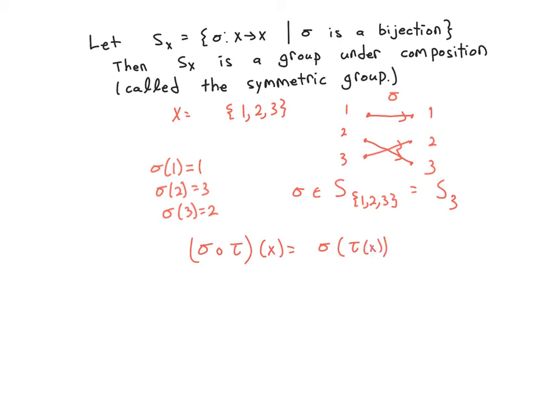We mean for any x in your set X, you define the composition of two functions by first applying tau to x and then applying sigma to it. Because the domains and codomains are all the same, this actually is a well-defined function with domain and codomain X. And most importantly, this group has a special name. It is called the symmetric group.